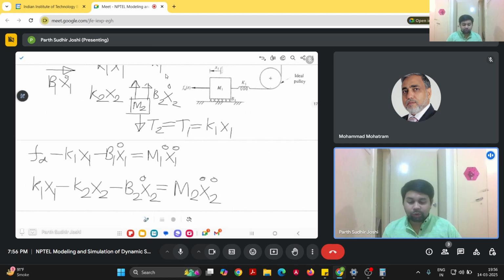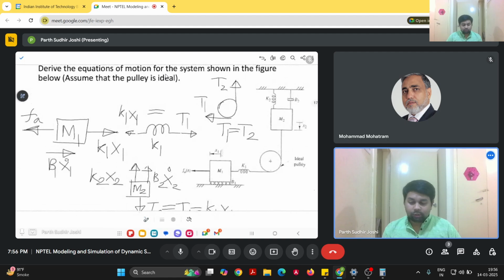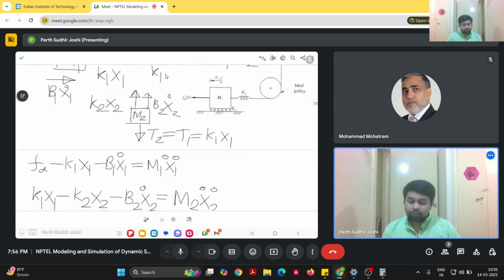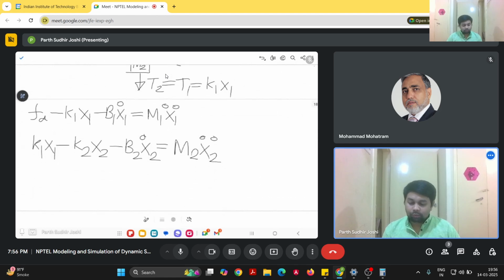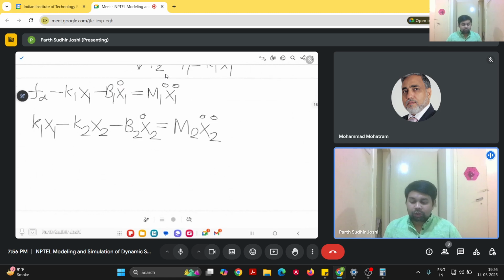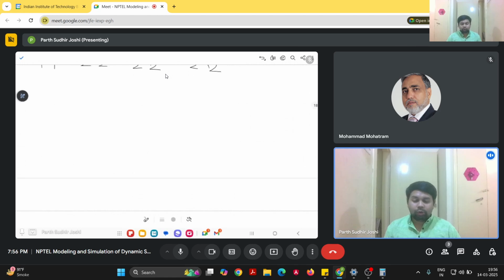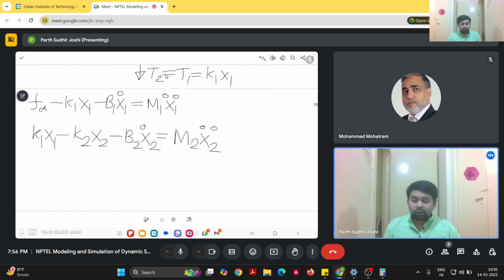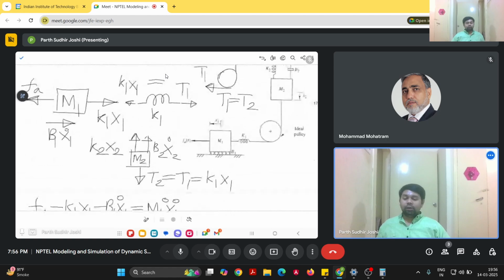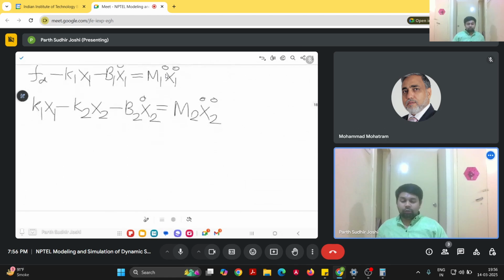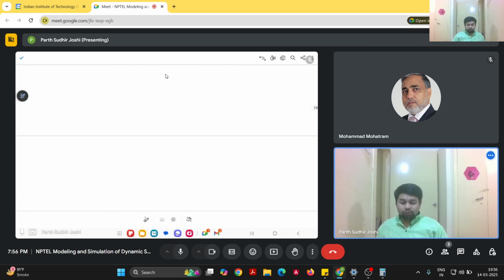So these are the two equations of motion for the system here. This is how we can write down the equations of motion for any mechanical system: just use the simple Newton's second law, draw the free body diagrams, and write the equations of motion. So that's the general approach.